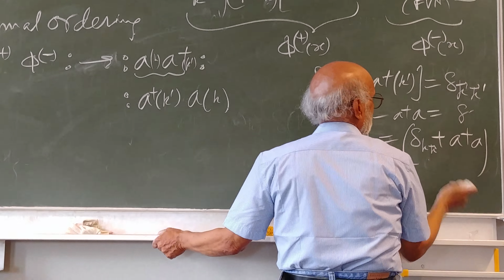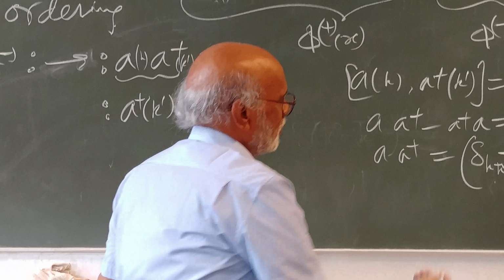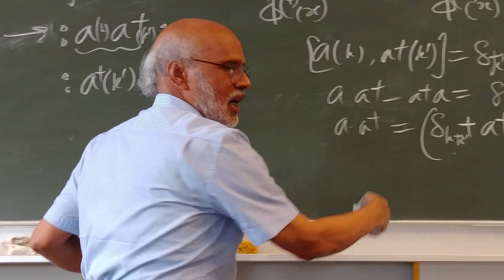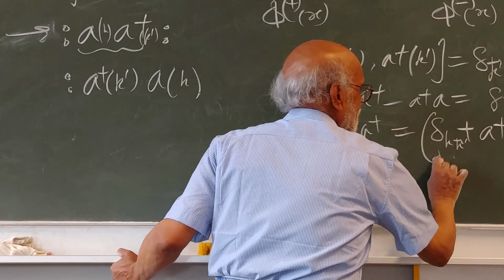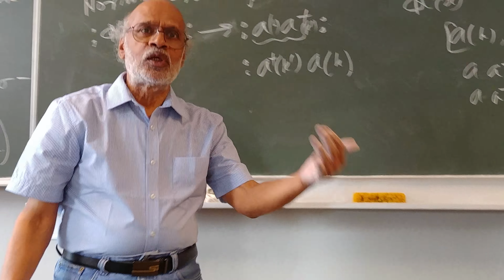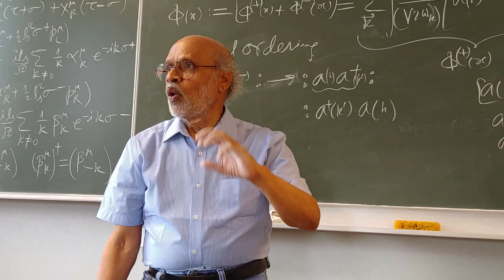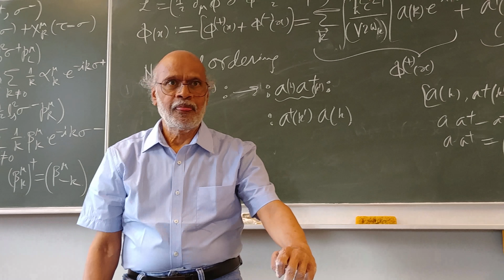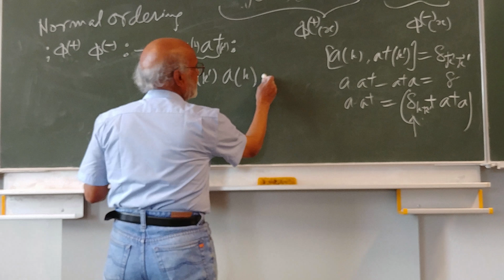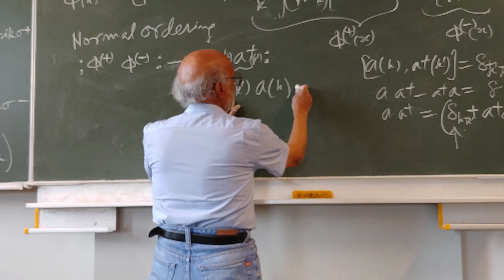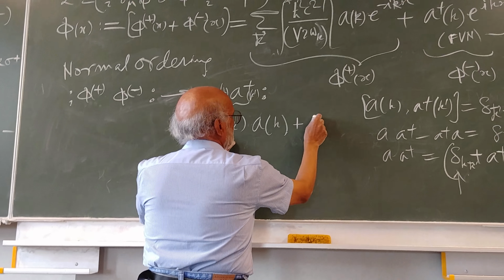In quantum mechanics, this would be simply 1, or even here, when K and K prime are the same, this gives me 1. Okay. So this is usually referred to as the normal ordering constant.